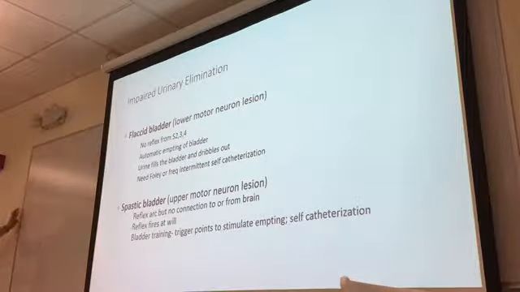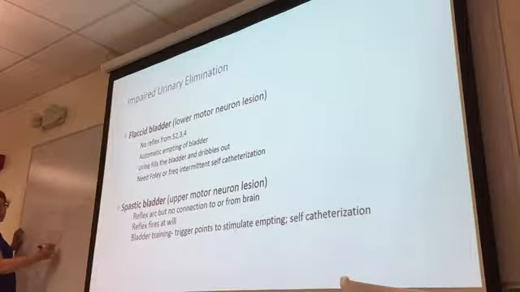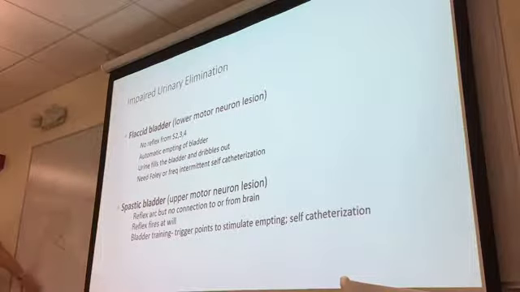Where flaccid lower motor neuron, the injury is at the sacral area. And when the injury is here, the reflex arc is destroyed, and this becomes a flaccid muscle, and they dribble urine all day long. So the detrusor muscle will not hold urine, it just dribbles.